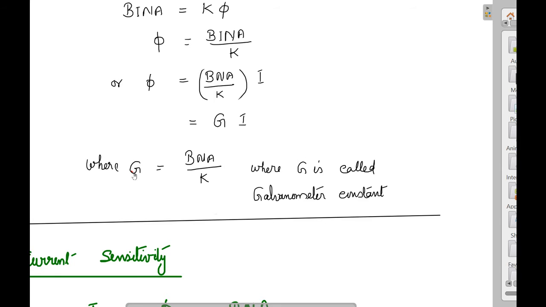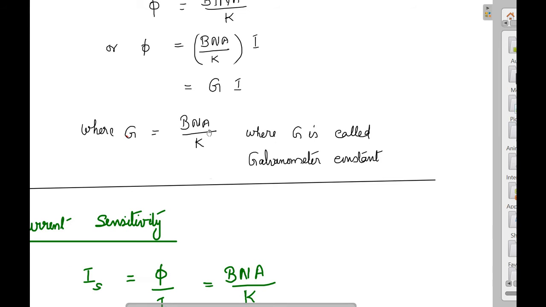This galvanometer constant depends on certain quantities. What are they? They are the magnetic field B, number of turns of the coil N, area of the coil A, and the torsional constant K.